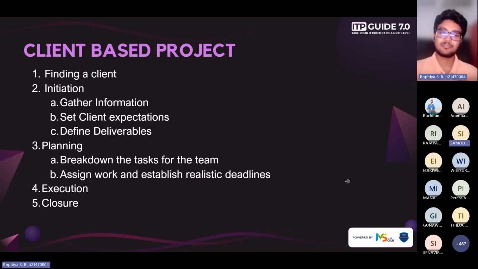So that's the reason why you need to gather information. There might be some instances where there is no system at all, where they're doing all the work manually. So in those cases, you need to gather information from the employees who are working there, see how you can improve their efficiency. And second is to set the client expectations.